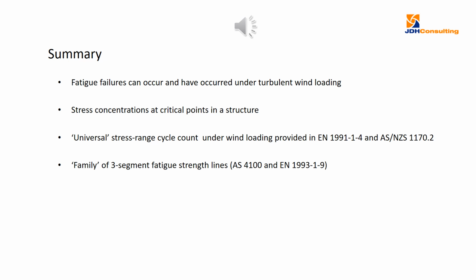Together with that and a family of three-segment fatigue lines with different lines representing different detail categories, we can come up with a very simple relationship between failure stress and the detail category. We showed that earlier, and then the last step was to relate that to the ultimate or static design stress.